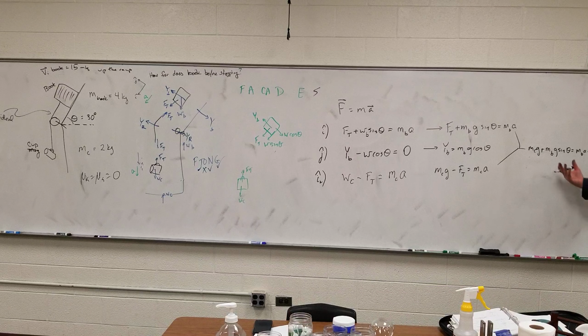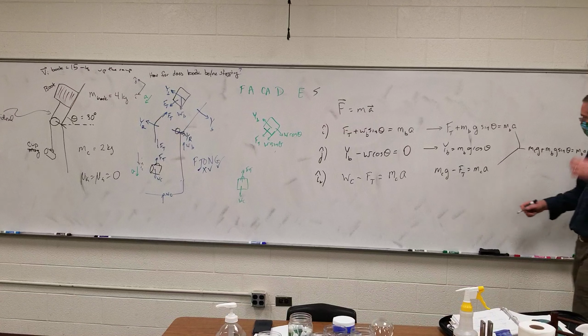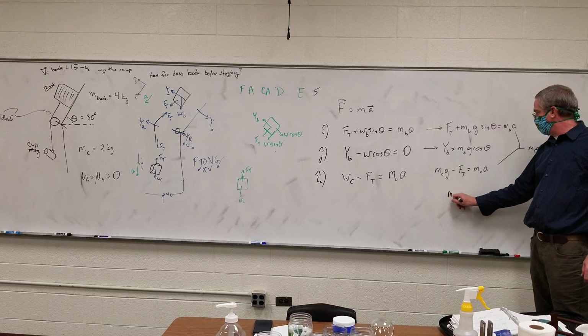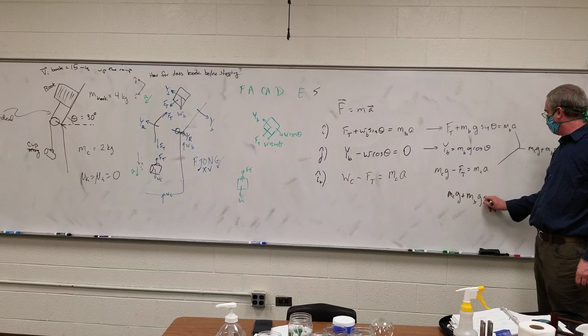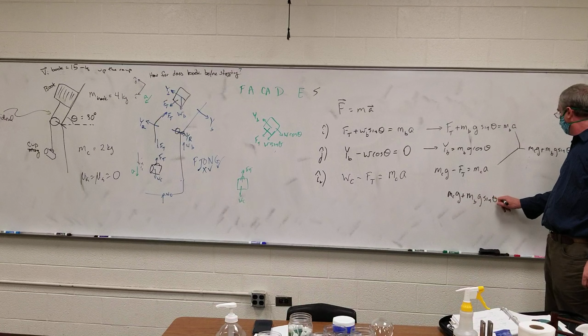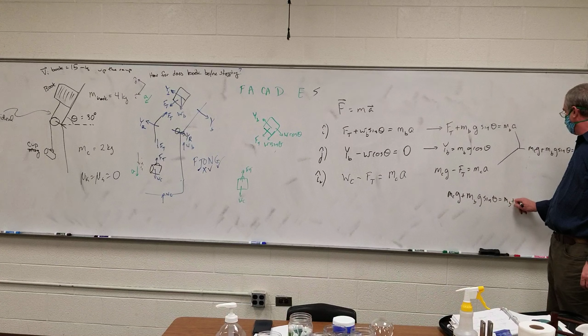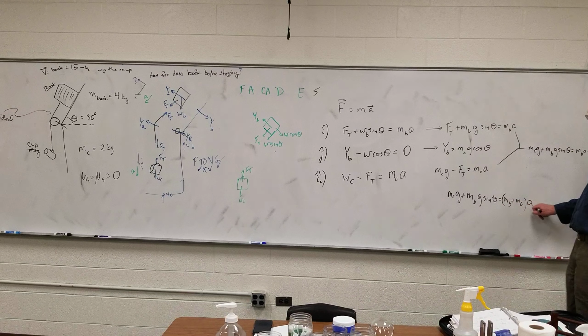And for the camera, this is slightly off, but pretty sure I said it correctly, so just pull it from the verbal cues. I'm solving for acceleration, so I need to get all my accelerations on one side, and I'm already there, and now I just factor it out. So I end up with M_C g plus M_B g sine theta equals M_B plus M_C times a.